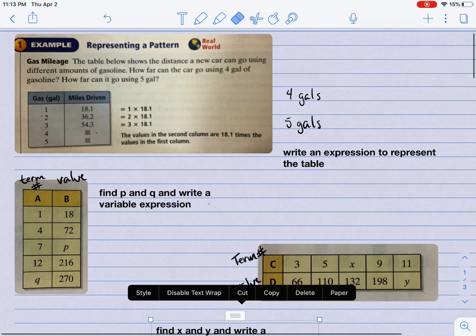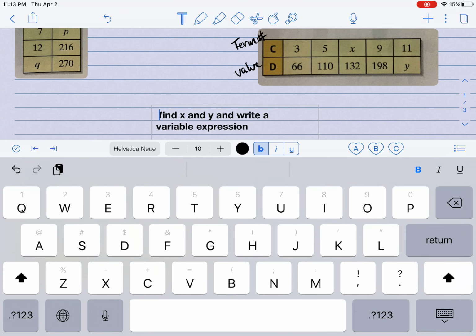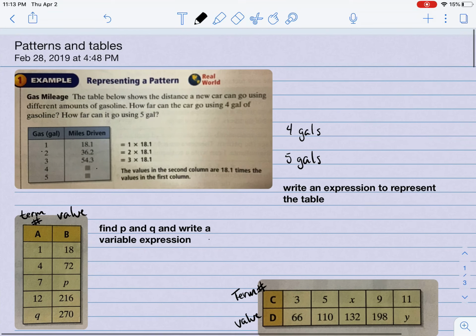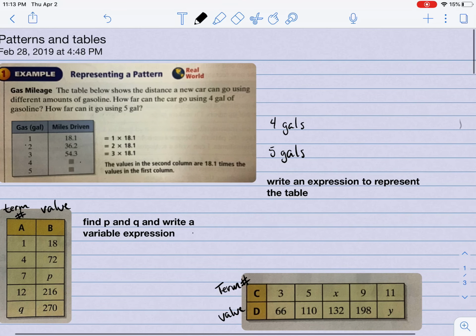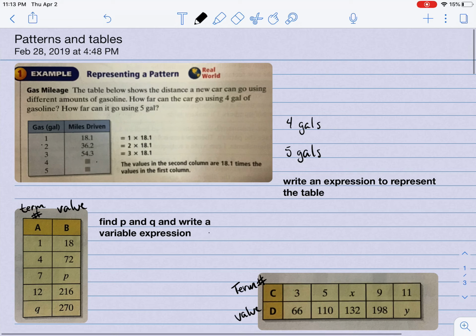So here, what they've done is they say, okay, 1 times 18.1 is 18.1. 2 times 18.1 is 36.2. And 3 times 18.1 is 54.3.